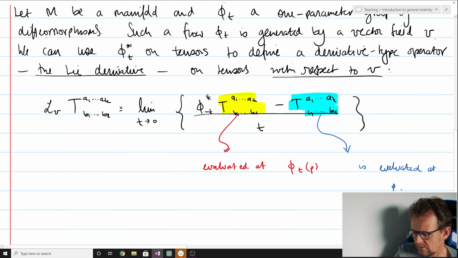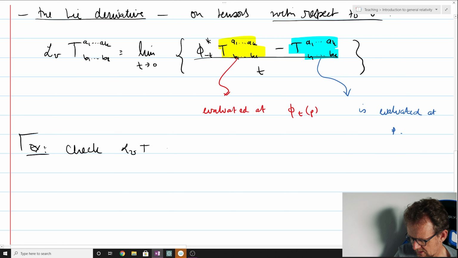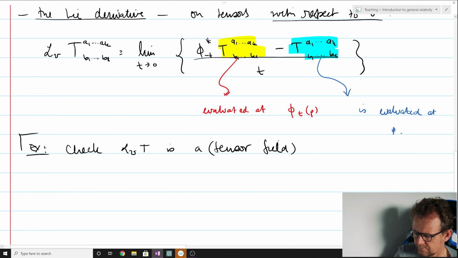I won't dwell too much on the mathematical details of the Lie derivative. You should, as a good exercise, check that L_V T is a tensor field, and that L_V obeys the Leibniz property.